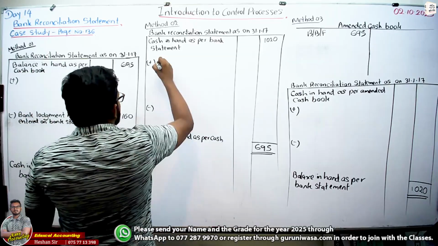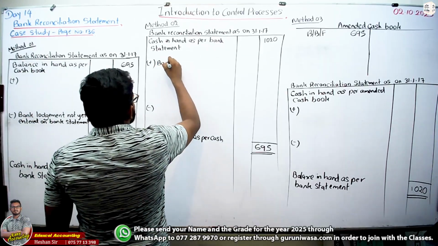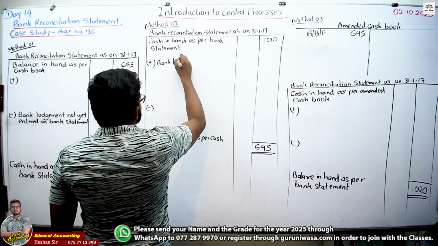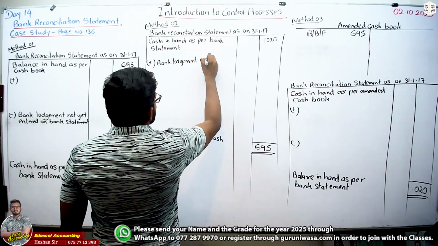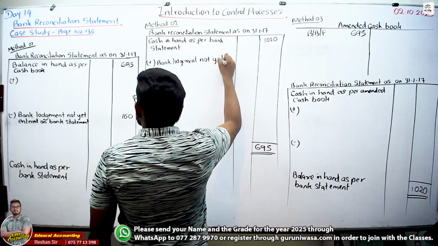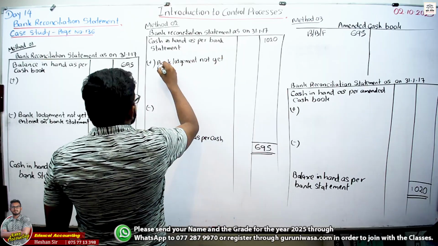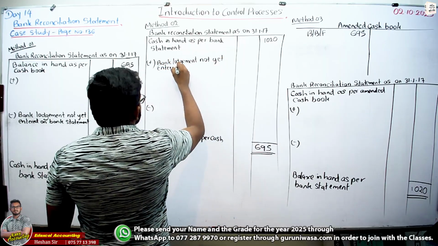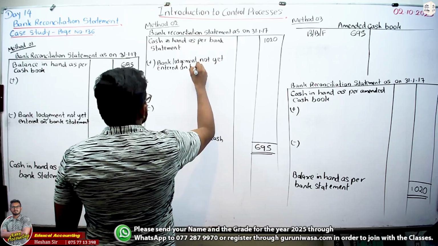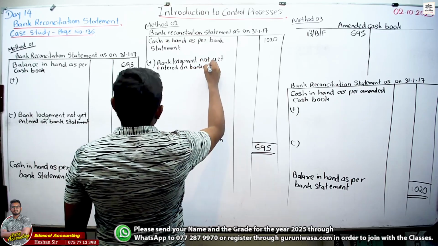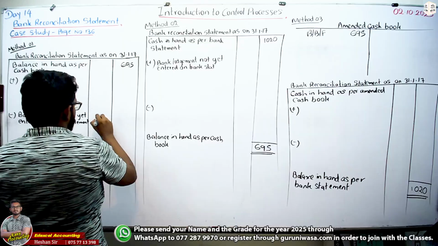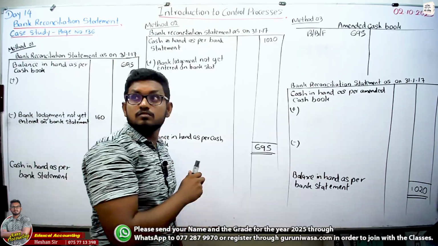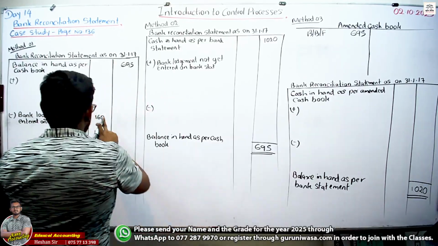So, bank lodgement not yet entered on bank statement. Writing the first one, 168, right? Yeah.